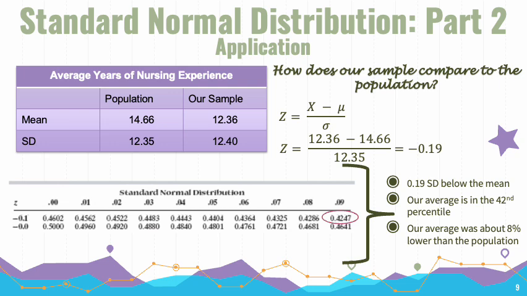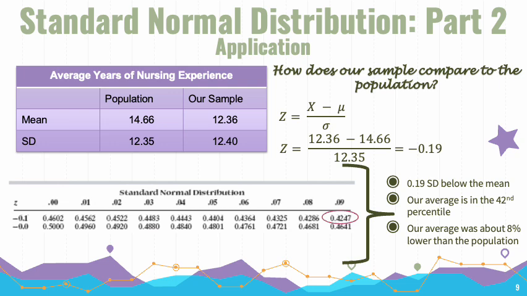So if we look at a z-table, and I have an excerpt from a z-table here, our z-score is negative 0.19. So if we go across the row for negative 0.1 and down the column for 9, our spot for negative 0.19, which I have circled, is 0.4247.